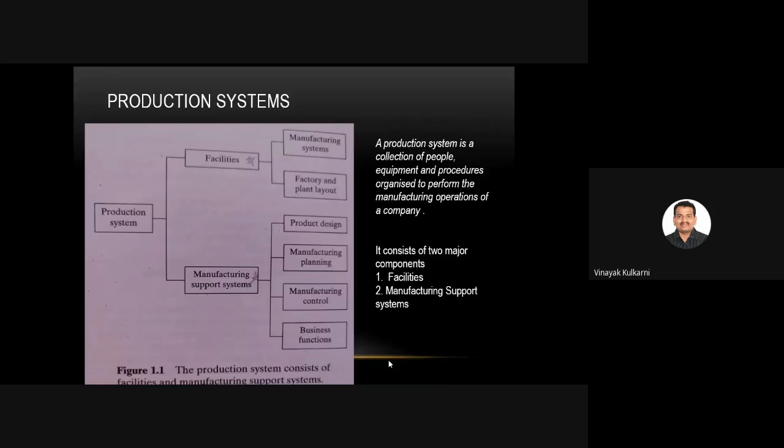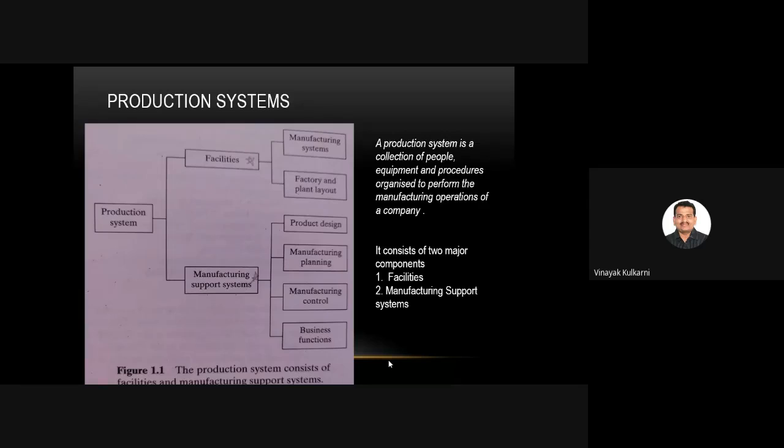You cannot just produce something and start packing it. You need to have a quality check for that. That comes under manufacturing control. Before that, how to manufacture, how many products can be manufactured, or how many raw materials can be taken in and out of the factory will be decided in manufacturing planning.